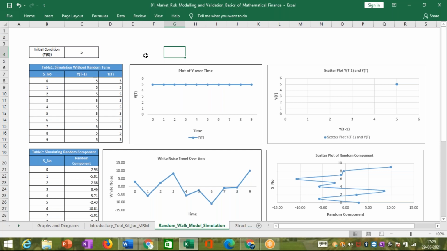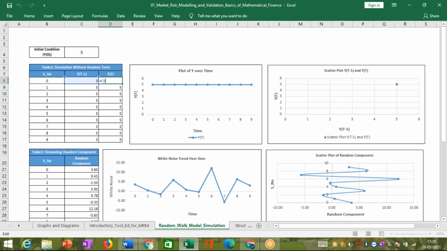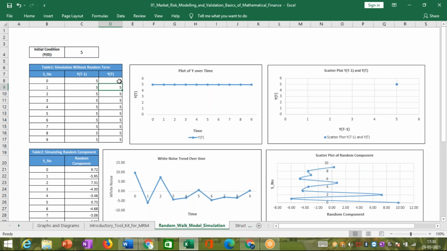So what I've done over here is put out a very stable system. In the first period, it starts off with 5. The next period, it takes a value 5. Then again, in the next month, it takes the value 5. So it keeps on staying at 5; it does not move from 5.